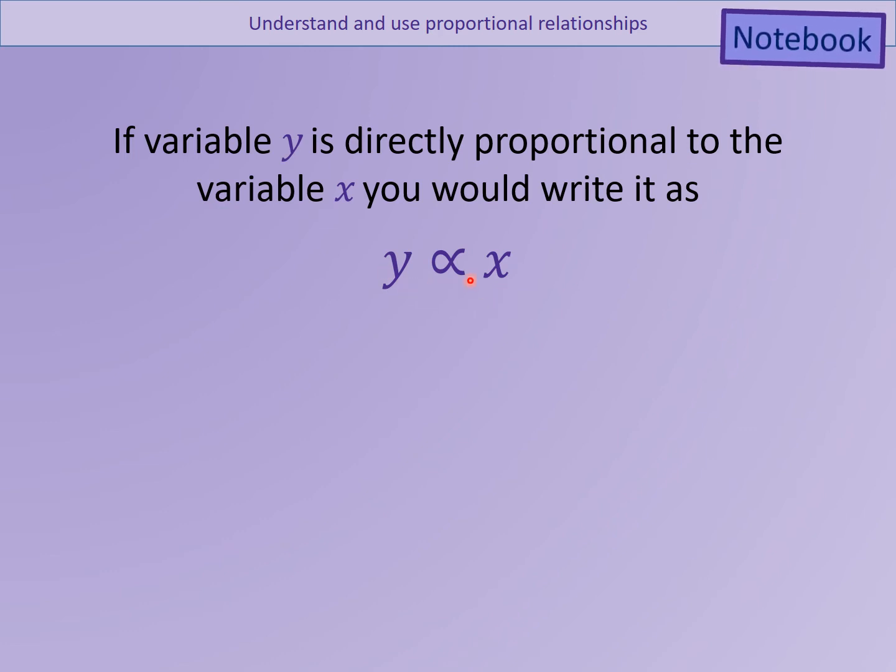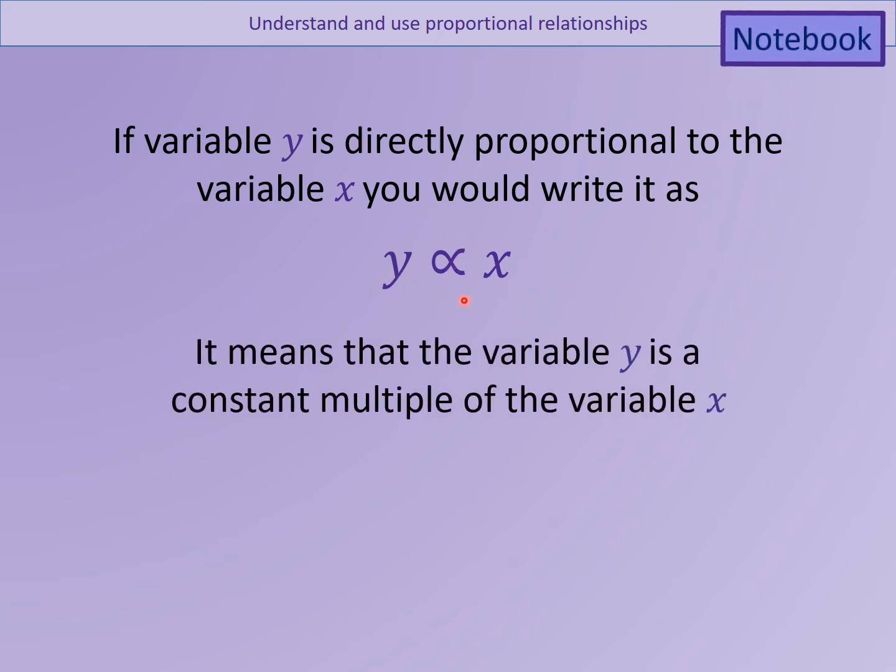Now, because you've got this multiplying relationship, it means that you can rewrite this as an equation rather than with the proportionality symbol. So if I know that y is proportional to x, it means that y is some constant multiple of x. Twice as much, 3 lots of it, half of it, it doesn't matter what it is.